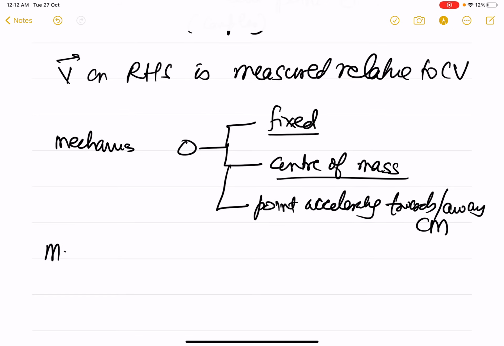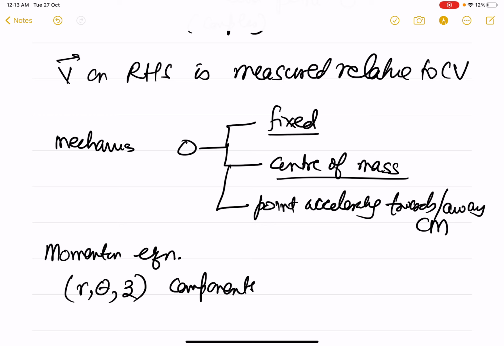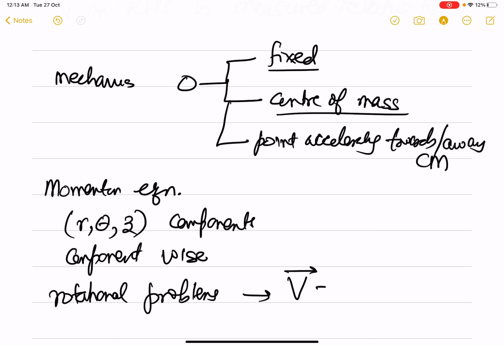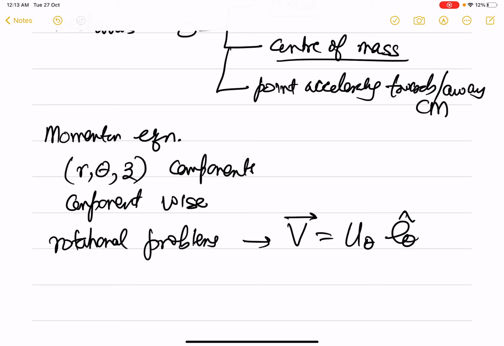Generally when we use the momentum equation, if we take r, theta, z components, then we can also apply it component wise. Now in rotational problems, typically velocity has only an azimuthal component, or a rotational velocity.